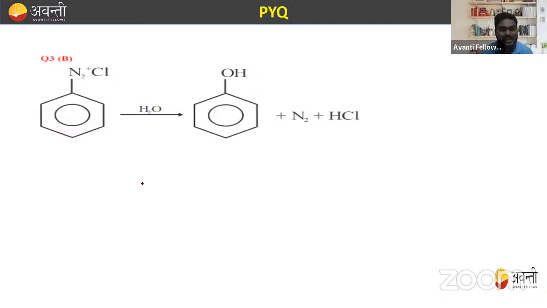So when we hydrolyze BDC, the formation of phenol plus N2 plus HCl takes place. This is known as carbolic acid, right? So just remember this word as well. What is carbolic acid? Otherwise, students get confused here about what carbolic acid is. So just try to remember this word: phenol is also known as carbolic acid.